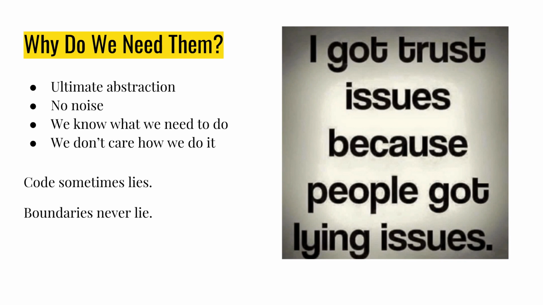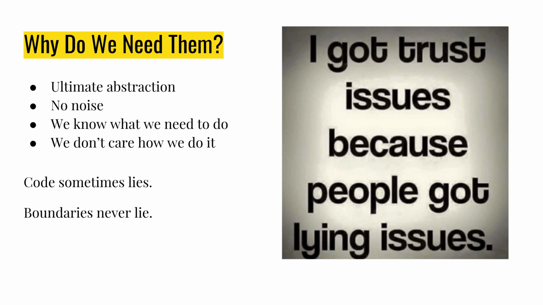So the problem with code which always has a specific implementation as a dependency is that it can fail. And if it fails, we might start having trust issues with code. The thing about boundaries is that they don't lie. It's a contract and it's simply a definition.